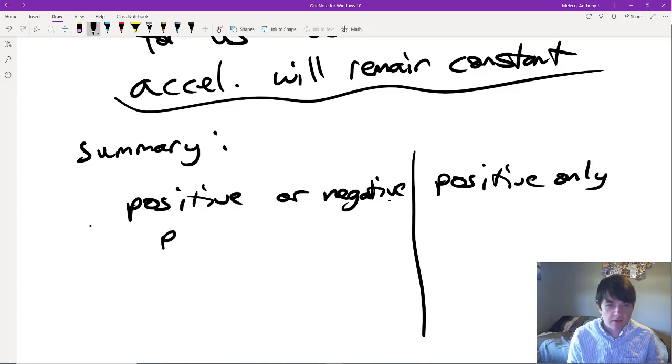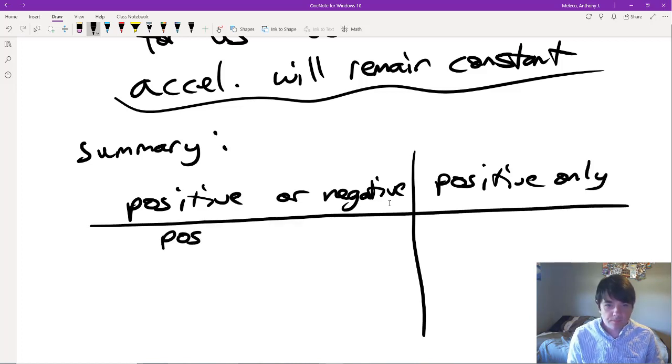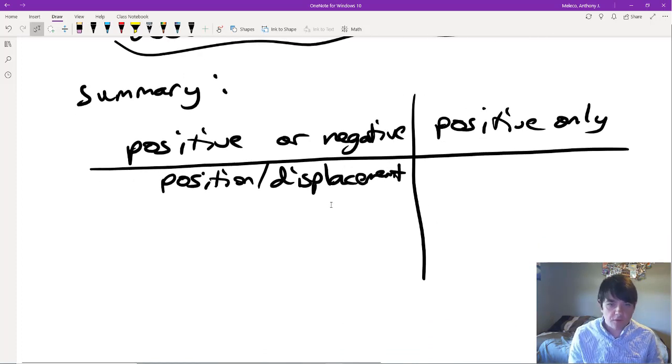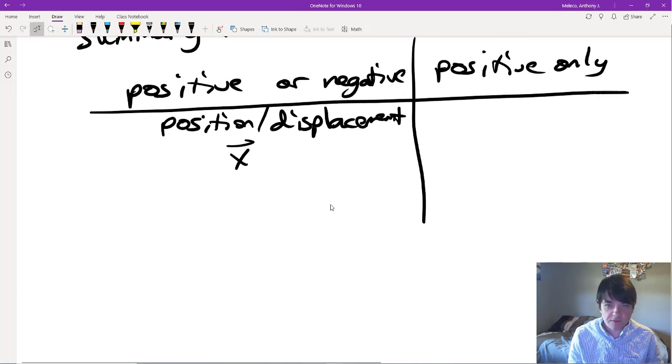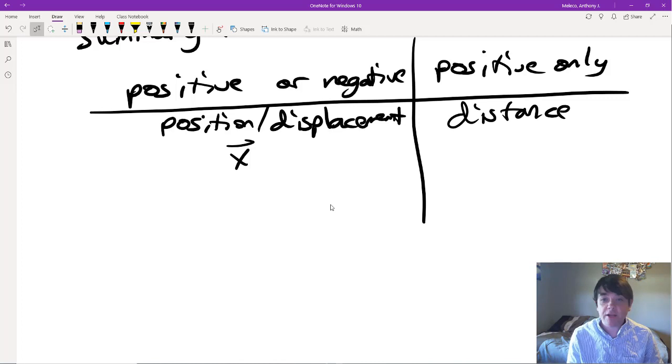We had position and displacement first, which was x with the vector sign, because it can be positive or negative when you overlay a coordinate system on it. Distance is x.